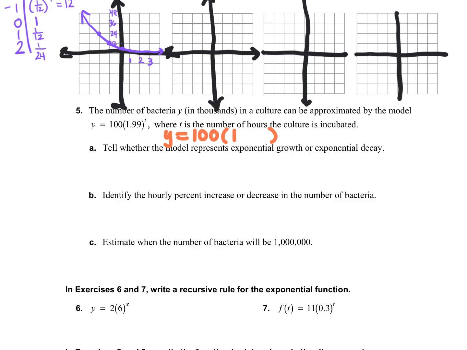The only way to get 1.99 by 1 is if you added 1. So this is definitely going to be exponential growth. And the percent increase or decrease in the number of bacteria, this is kind of wild, but if it's spread apart like that, this would be a 99% increase, right?